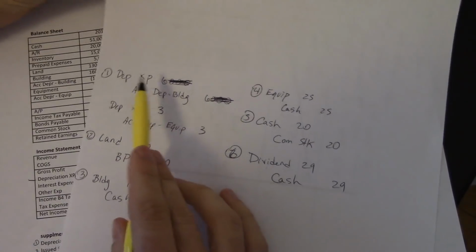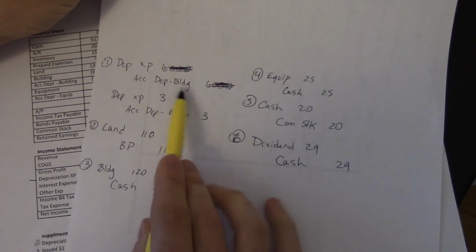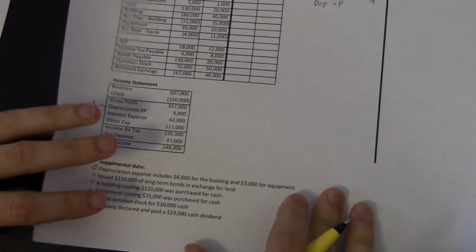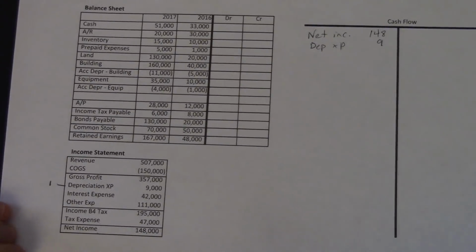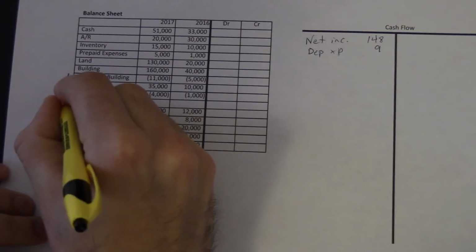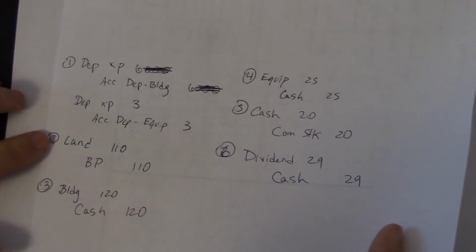So in our first one, we're looking at depreciation expense and these 2 accumulated depreciations. So here's our depreciation expense. We can mark that on the income statement. And the accumulated depreciations, there's one, there's another one. In our second journal entry, we've got land and a bond payable.